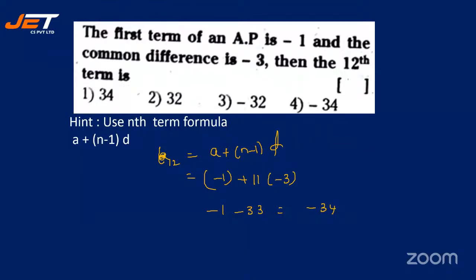Let's see whether you are getting option 4 as the correct answer. Okay. Right. Let's see the answer. It is option 4. -34 is the correct answer. Yes, Jashu, you're right.